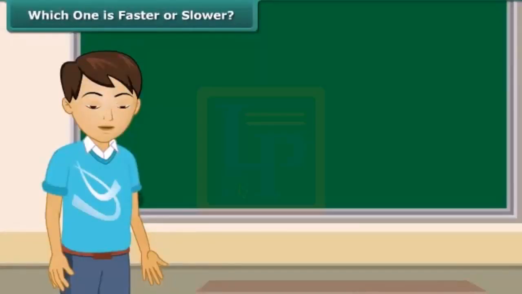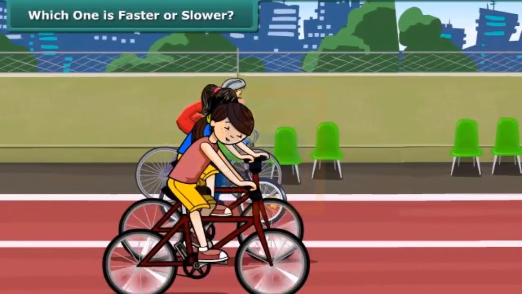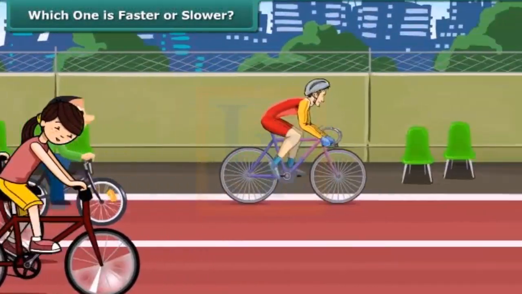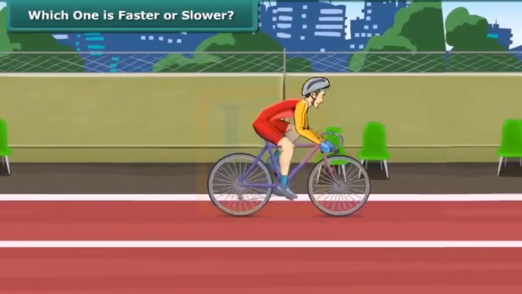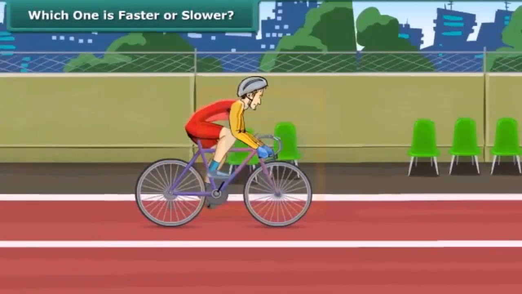The next step is to identify whether an object is moving faster or slower than another object. To do that, you must calculate the distance covered by both the objects in the same time interval. Consider a 1,000-meter cycle race. When the whistle blows, the race begins. Every cyclist starts at the same time. Suppose after 10 minutes, one cyclist reaches the finishing line.